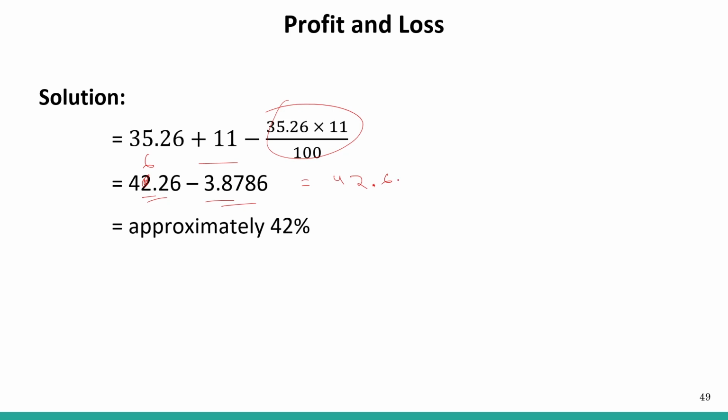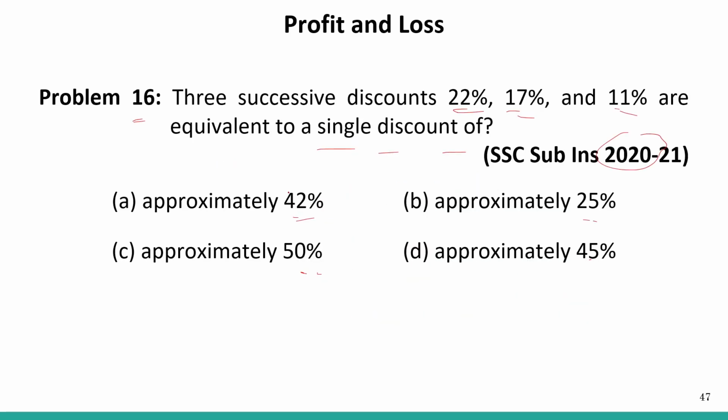So this percentage is approximately 42%. So approximately 42 is the correct answer. This is the only correct answer. Option C, option B and option D are all wrong answers. So that's all for now. Thank you.